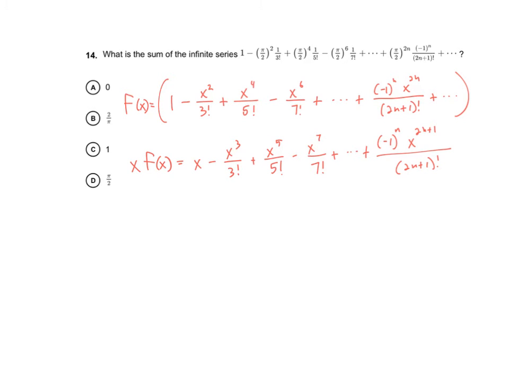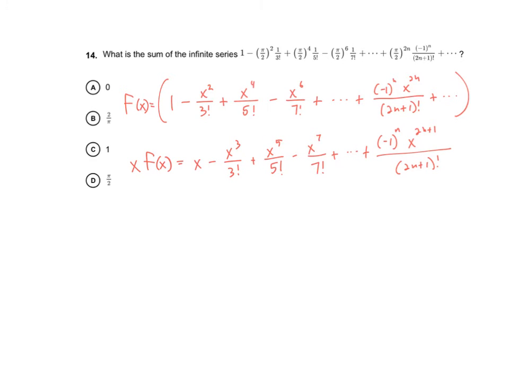And then you might have some idea that this thing on the right here is like either sine or cosine, because the function will be 0, the first derivative will be 1, the second derivative will be 0, the third derivative will be -1, the next derivative 0, next derivative positive 1.